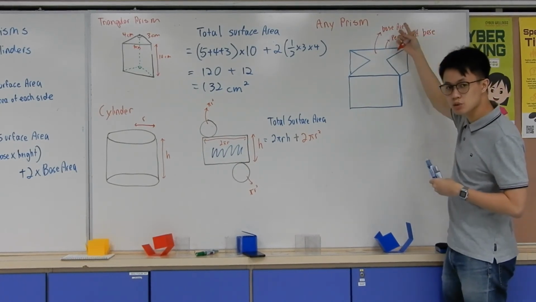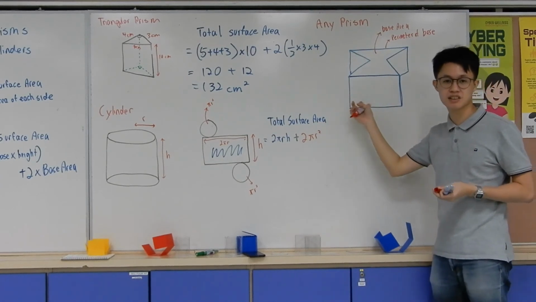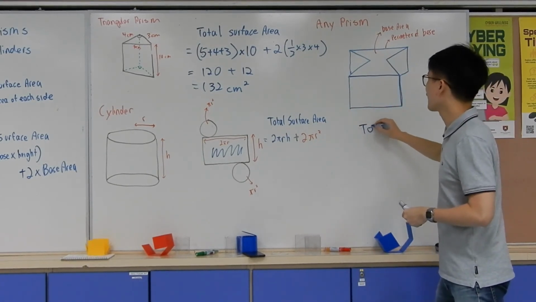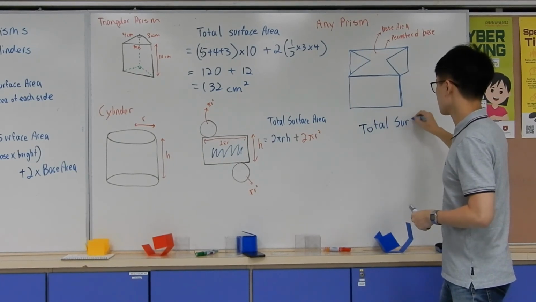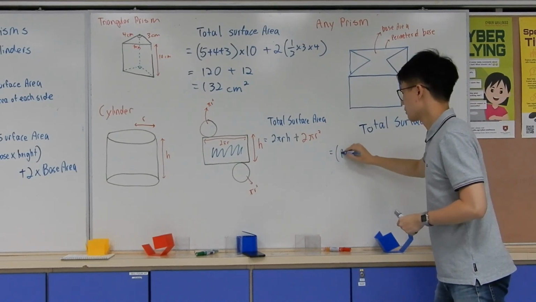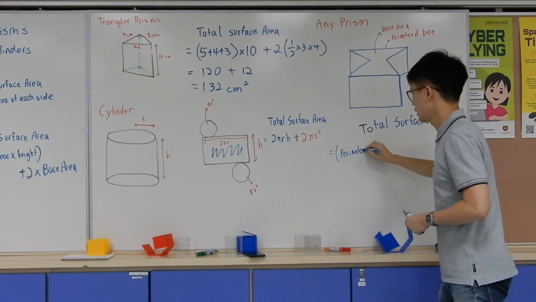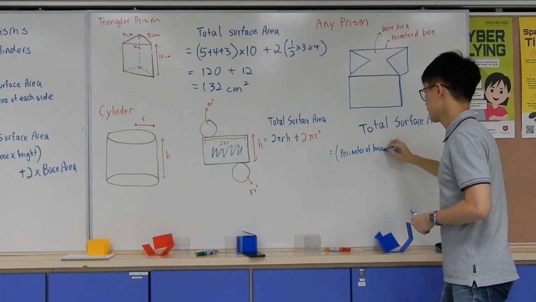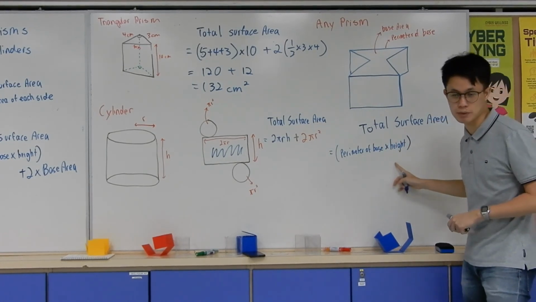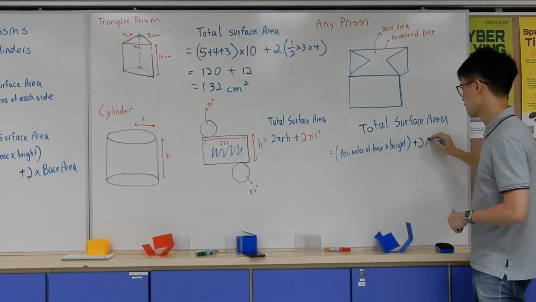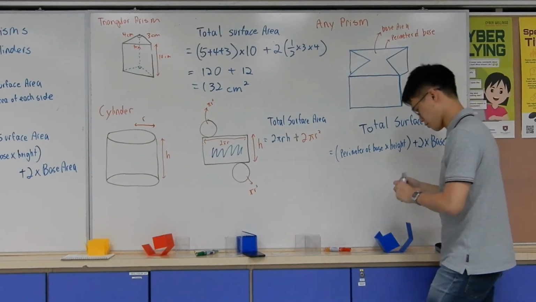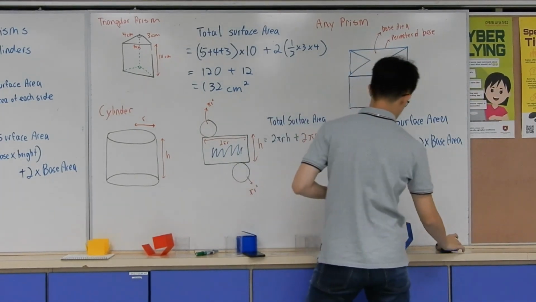As long as I know these two, I can find the total surface area of this, because simply, as I reiterate, for any prism, the total surface area is just simply perimeter of base times the perpendicular height. As we mentioned before, height always refers to perpendicular height, plus 2 times the base area. Maybe I should use a different color such that it's a little bit clearer.